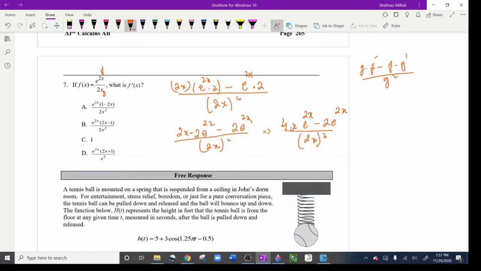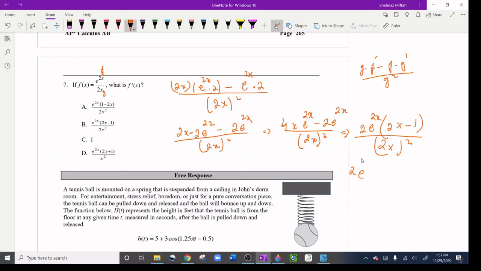Now I can tell e^2x is my common factor. So I'm going to take out the common factor, 2e^2x. I'm left with 2x minus 1 over 2x whole squared. So for question number 7, can we see this answer somewhere? Not yet, because I have 2e^2x, so I can simplify that further because I don't have this 2 anywhere.